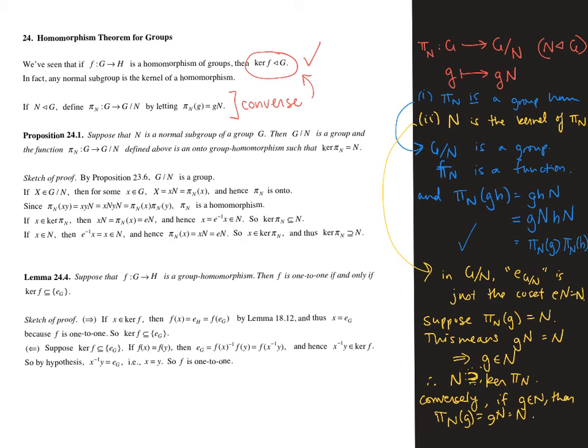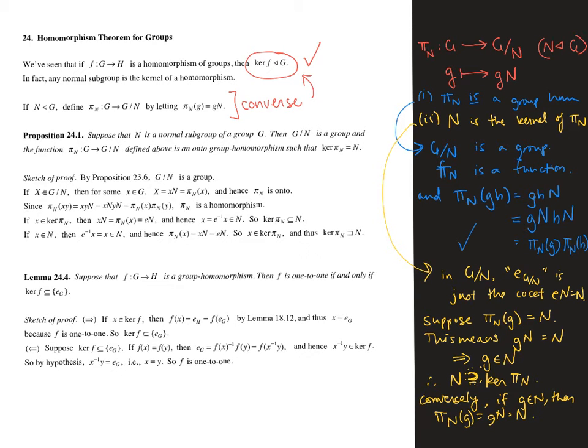So that's pretty cool. We can take a group homomorphism, look at the kernel, and get a normal subgroup, or we can take a normal subgroup and build a homomorphism where that's the kernel. One of the things you can use the kernel to do is to check whether or not a homomorphism is one-to-one, and that's what lemma 24.4 does.